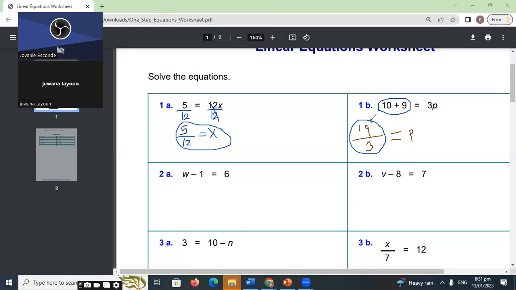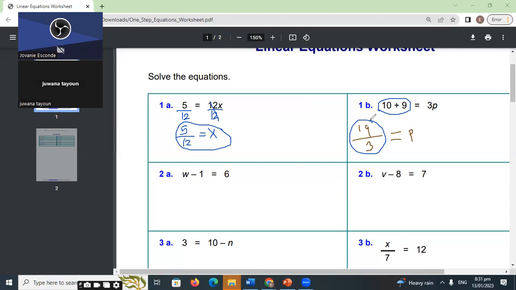If you can still remember the fractions, addition, subtraction, multiplication and division of fractions, you have to express your answer in simplest form. So 19 over 3 is not yet in simplest form. What do you think is the reason why 19 over 3 is not yet in simplest form?